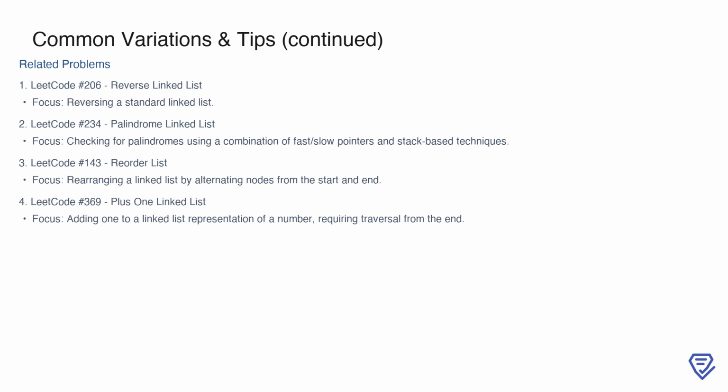Finally, LeetCode number 369 challenges you to add 1 to a number represented as a linked list, which requires careful traversal from the end to handle carry propagation. These problems reinforce similar concepts and give you a chance to tackle variations of linked list manipulation in different contexts.